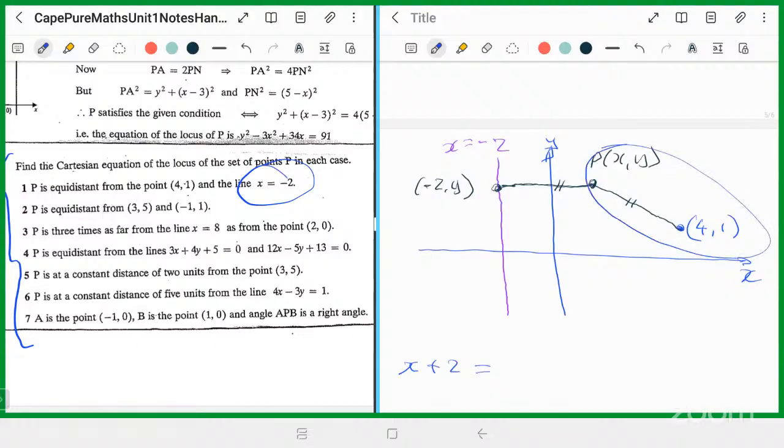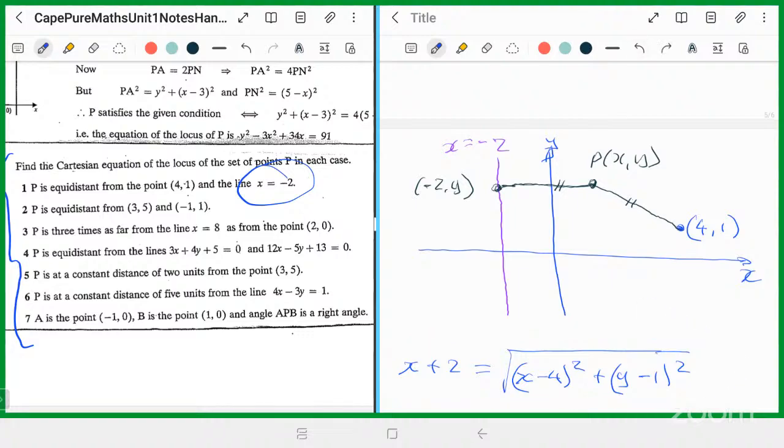The length of line formula says this distance is the square root of the difference in the x values squared, which is x minus 4 squared, plus the difference in the y values squared, that's y minus 1 squared. This is your locus.